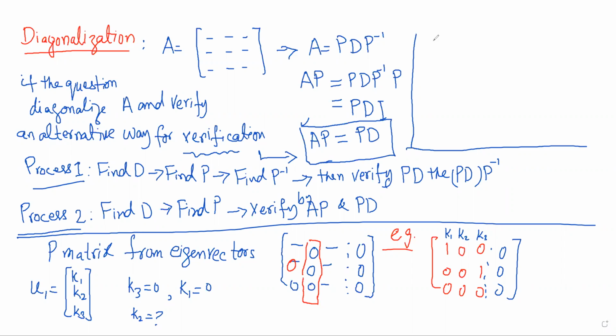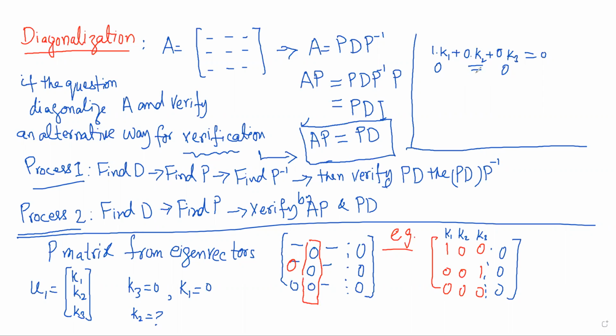The equation is 1 times K1 plus 0 times K2 plus 0 times K3 equals 0. We have already found that K1 is 0 and K3 is 0, but with K2, we don't know. We can put any value of K2 because it will still be multiplied by 0.